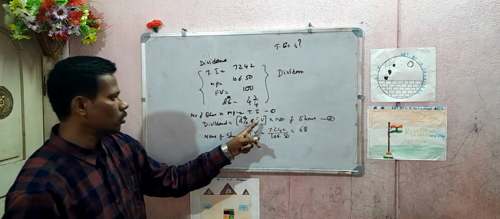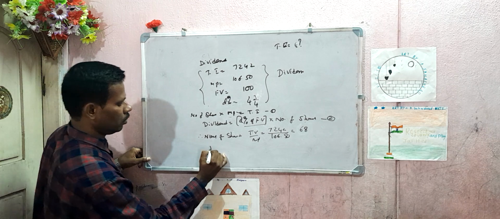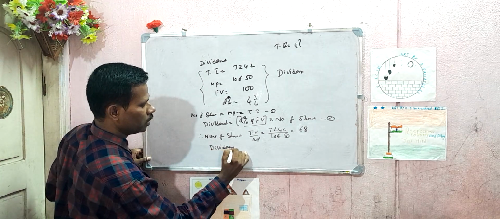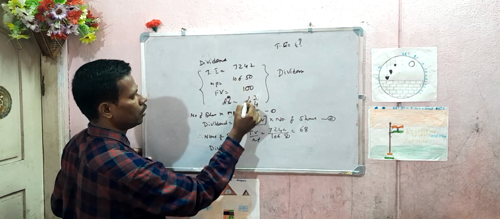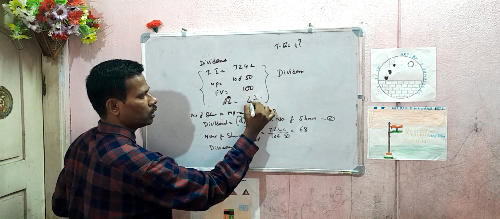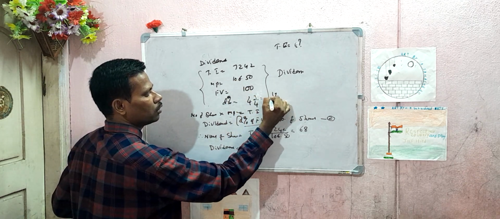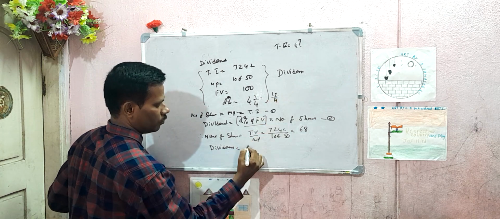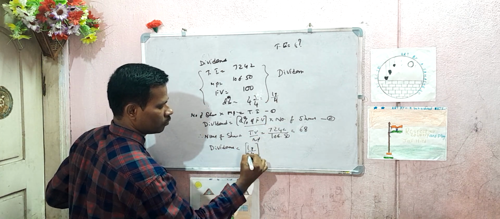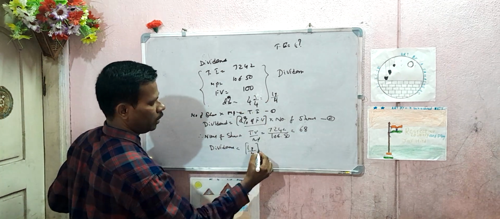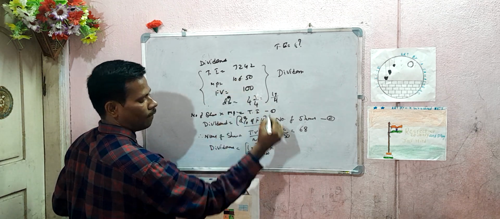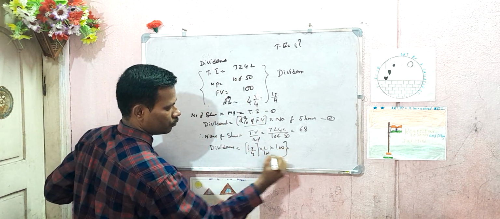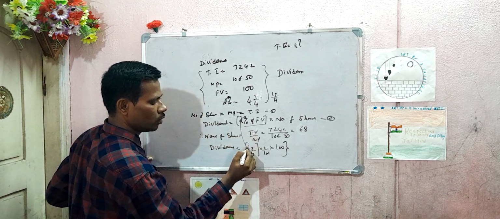Now easily you can apply here. Dividend is equal to dividend percentage of face value into number of shares. Dividend percentage is already given, 4 by 3, which is 19 by 4. 19 by 4 into 1 by 100 into face value 100.